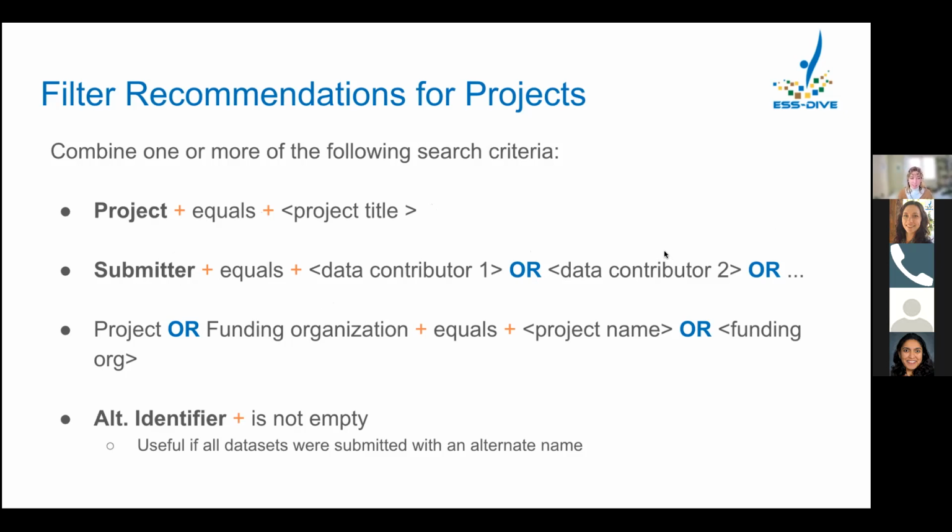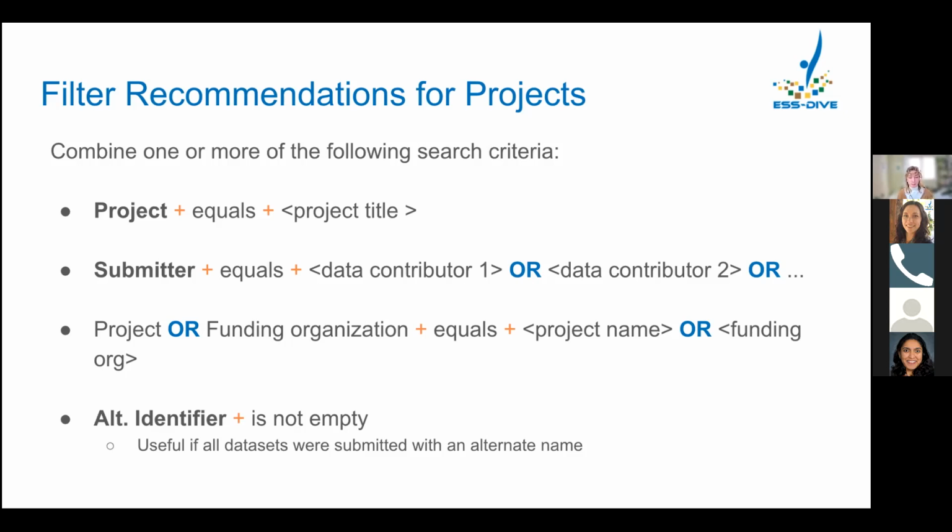An additional recommendation I have is to include project and funding organization in your first metadata selection, just in case you have collaborators that are not funded by that project, but you want it, for example, for a field site, and you want to pull in that information as well.